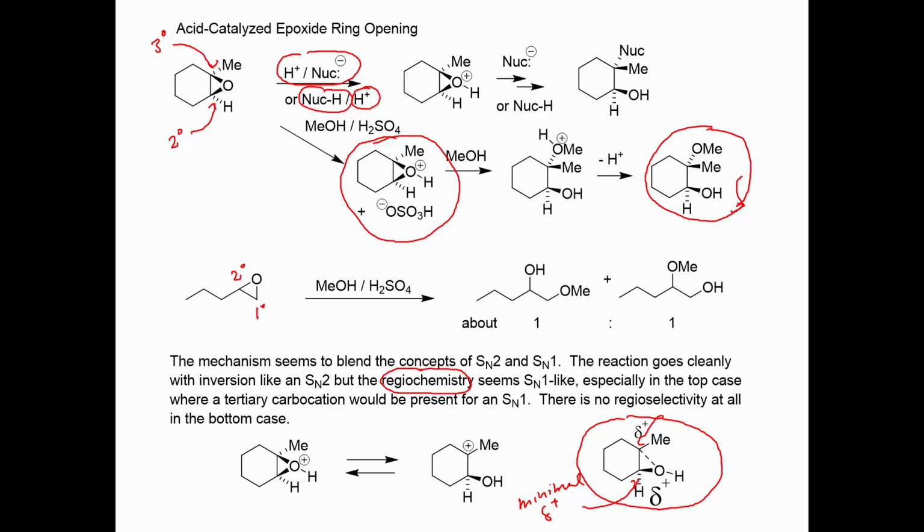So unless you're forming a really stable carbocation, it's really hard to predict what you're going to get. We'll just say that the regiochemistry is not going to be nearly as selective as if you had done a nucleophilic epoxide ring opening.